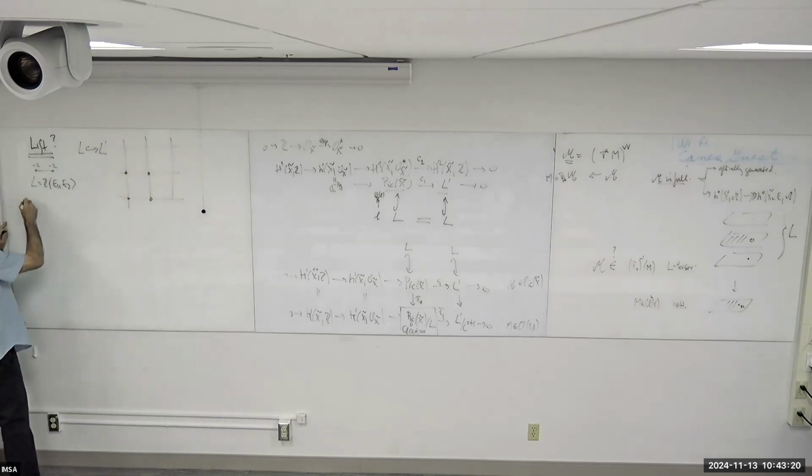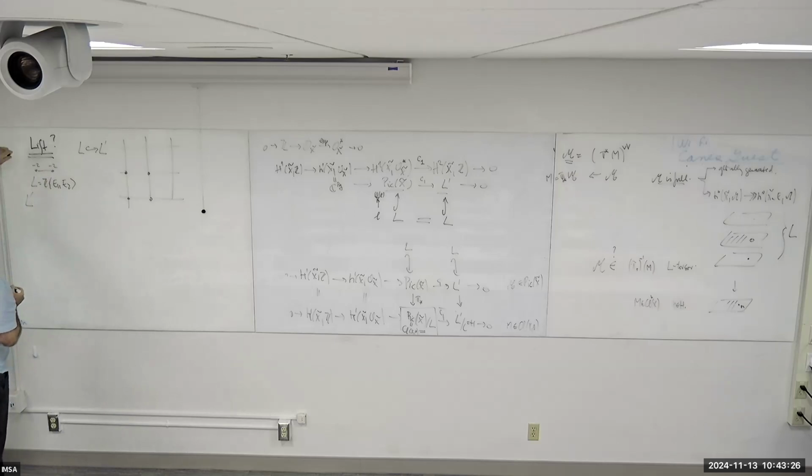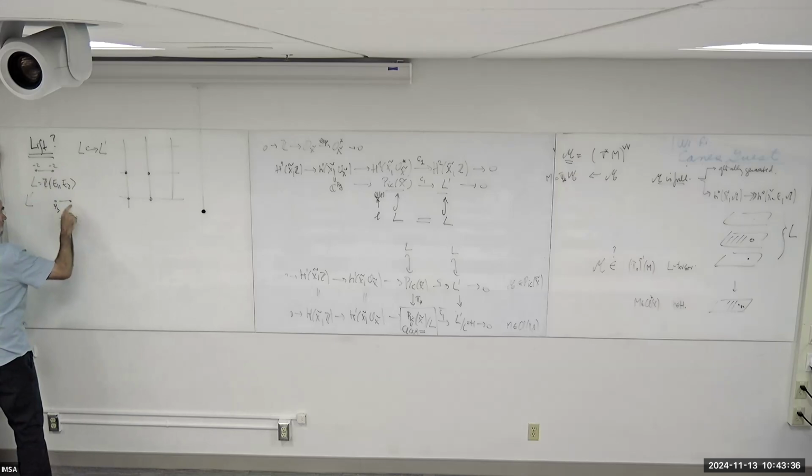Then what is L' and what is the dual lattice? Here the determinant is 3, so it's basically an extension by 1/3. I have the following cycles, 2/3 and 1/3.